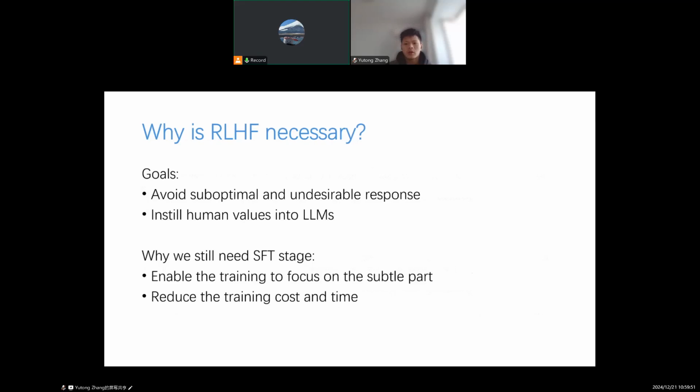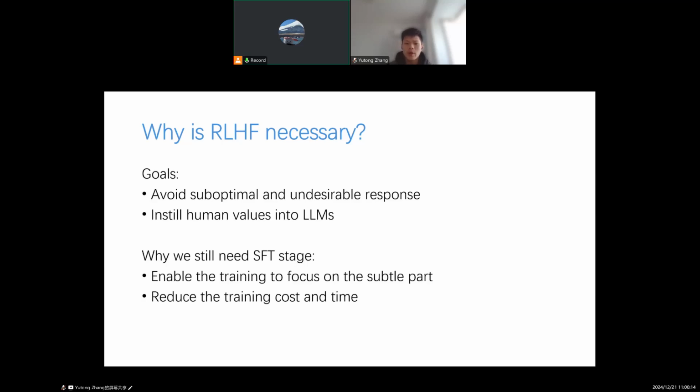So the next step, to avoid these drawbacks, is that we can use RLHF. In this process, we avoid suboptimal and undesirable responses and instill human values into LLMs.